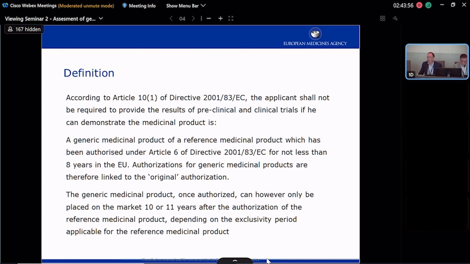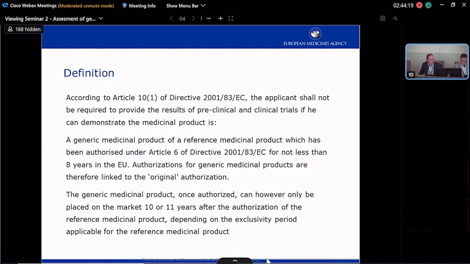According to Article 10.1 of the directive, the applicant shall not be required to provide the results of preclinical and clinical trials if he can demonstrate that the medicinal product is a generic medicinal product of a reference medicinal product which has been authorized for not less than 8 years in the EU.